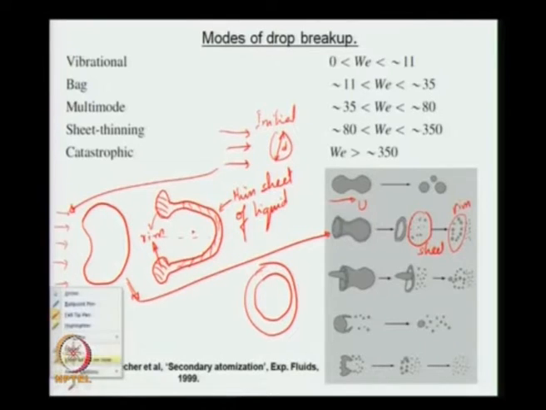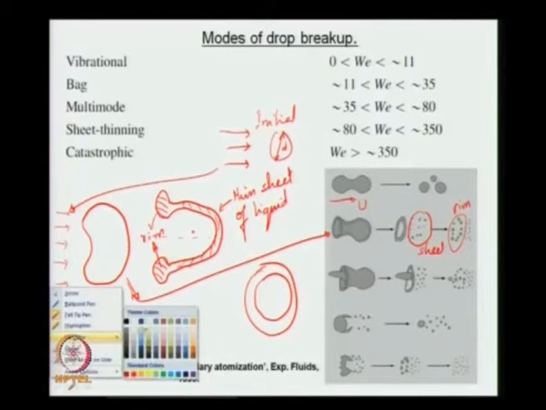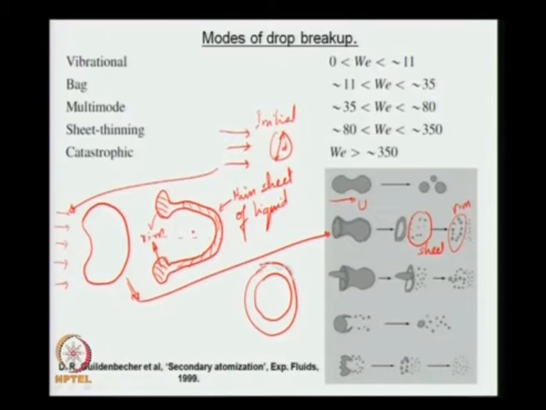So, if this is my liquid toroidal ring, there is a certain azimuthal mode, let us say 2 pi by m is this theta. So, there is a certain m which is preferred.